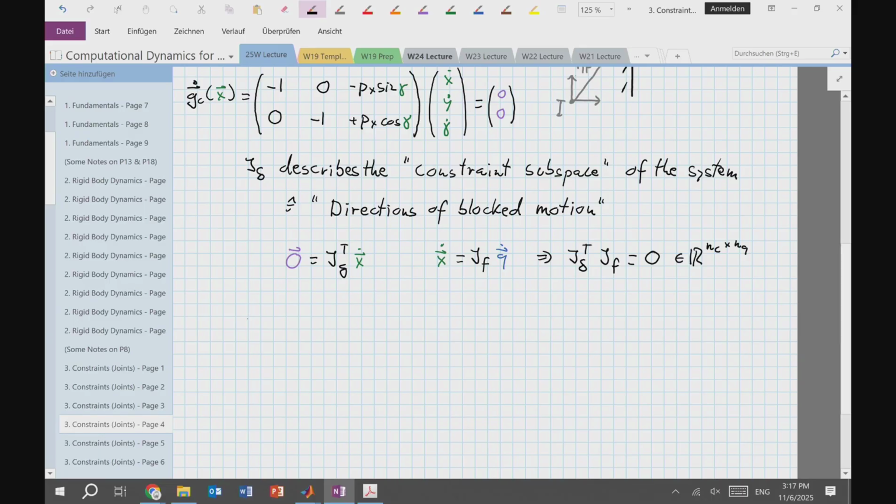I can now circle back to the problem that was phrased originally, because we now talked about the directions in which I can move, which are given by the columns of JF, and the directions in which I cannot move, which are given by the columns of JG. These are spaces, and the dimension of the resulting space is not always equal to the number of vectors spanning the space.